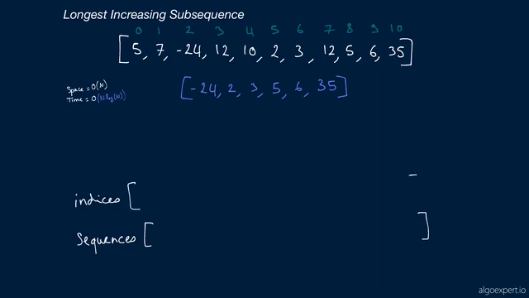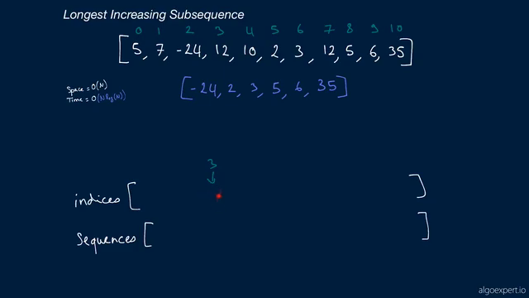This array is going to store, at each index I, the index of the last number in an increasing subsequence of length I. Meaning, let's say we're at index 3, right around here.